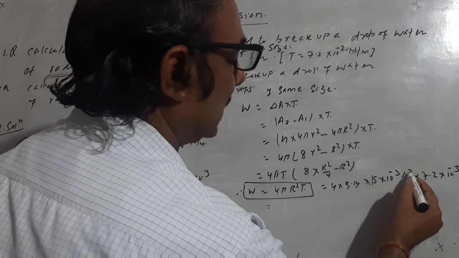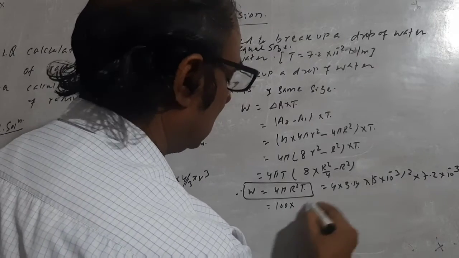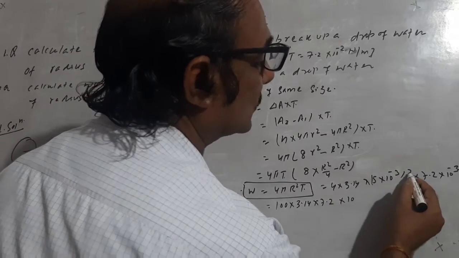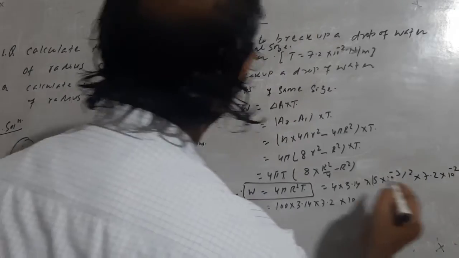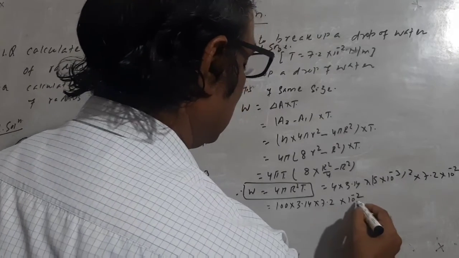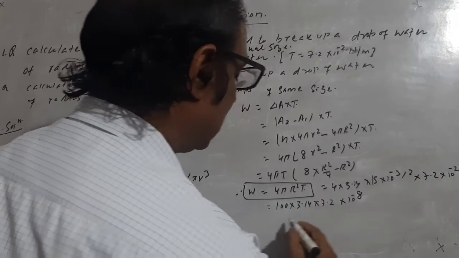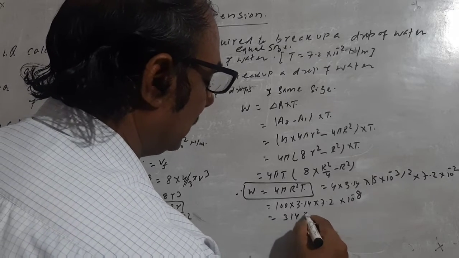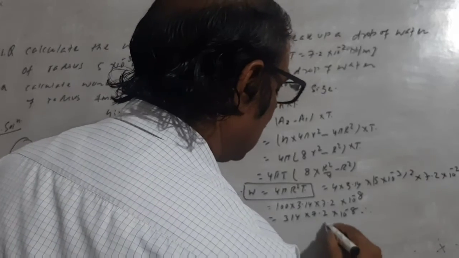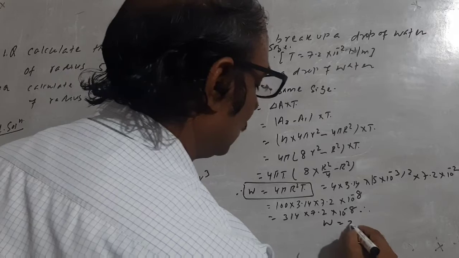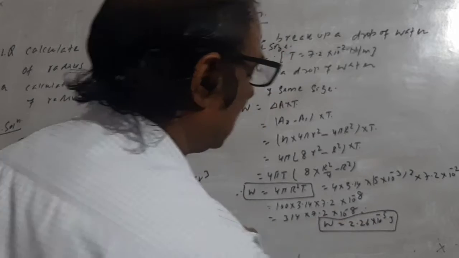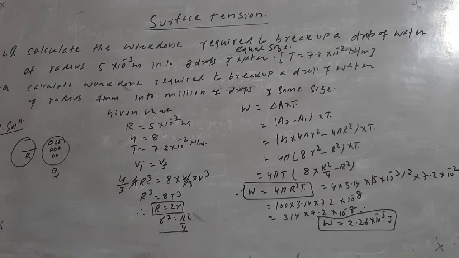Now 5 squared means 25 into 4 into 3.14 into 7.2, and the powers of ten combine to 10 to the power minus 8. So 314 into 7.2 into 10 to the power minus 8, and in the end work done equals 2.26 into 10 to the power minus 5 joule. So that is one of the processes.